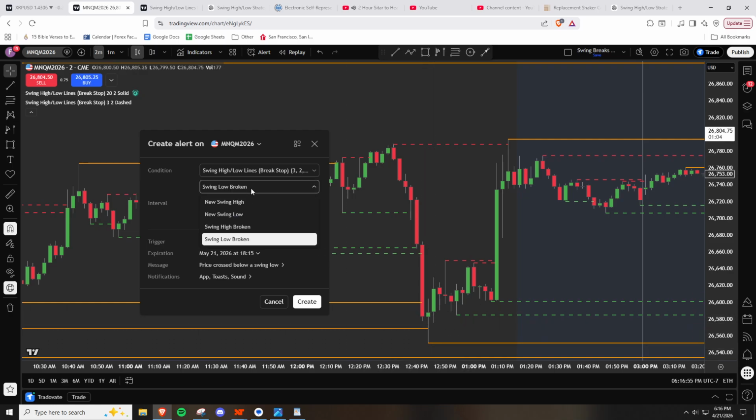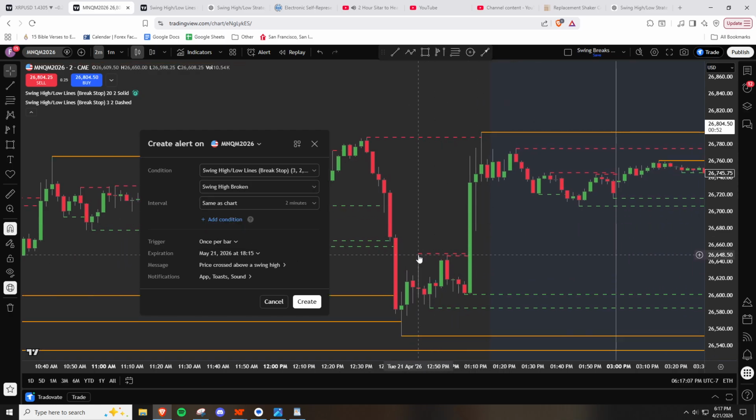Next step, I need a new swing high on my level 3. And then what I'm doing after that alert is I'm doing swing high broken because now that's what I'm looking for. I want to basically say, hey, if price closes above the first swing high after sweeping a swing low, that is where I'm looking to trade.